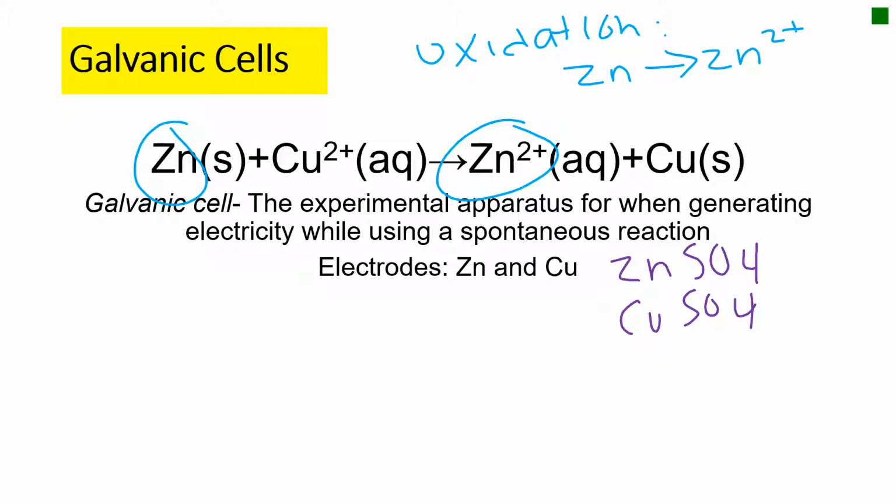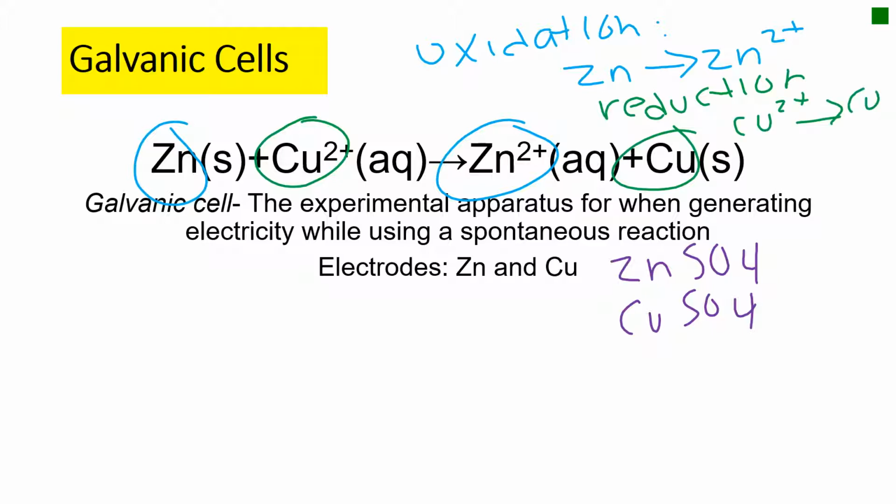And we can also see how the cell operates on the basis of a reduction, which is for copper. The reduction would be copper 2 plus going into copper metal. They're both taking place simultaneously with the transfer of electrons through the wire that I previously mentioned.